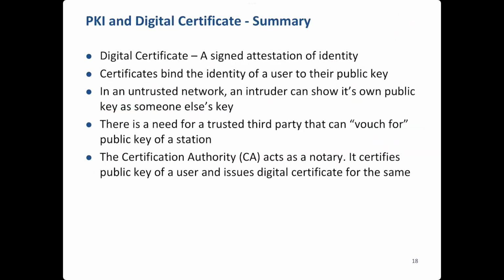Okay, so this is the summary. Please go through it. This is what we have studied so far, right? Now for another 10 minutes, we look at some applications of digital signatures.